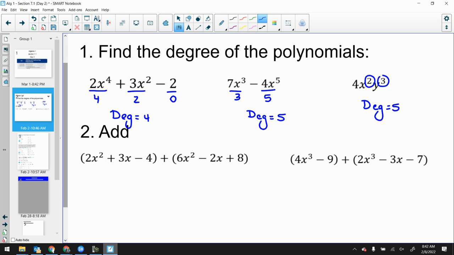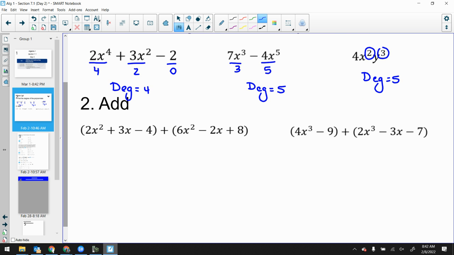When I add polynomials together, just as a reminder, do these parentheses really do anything mathematically? No. I just basically combine like terms. So, Nathan, what term should come first in my answer? The 2x raised to the second power. And what do I get? 8x to the second. Good. And then what should come next? 3x and the negative 2x. To make?